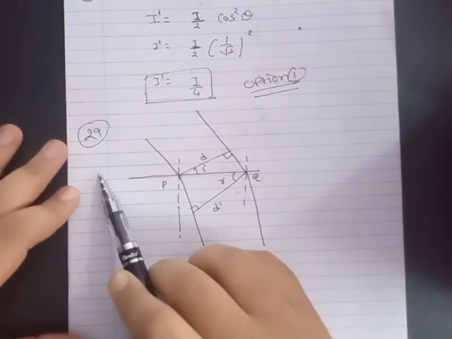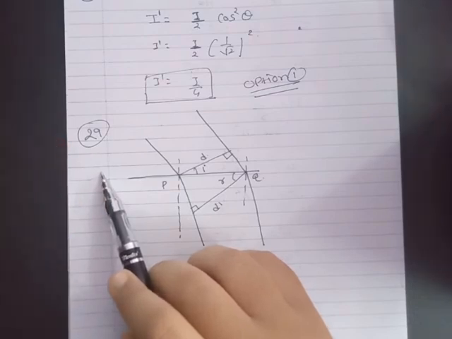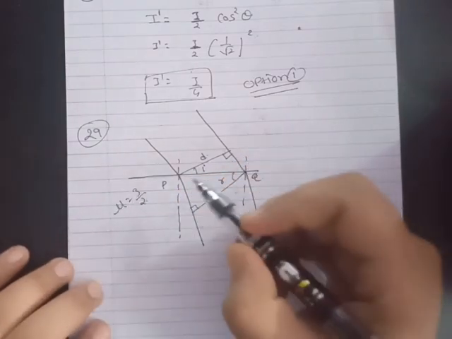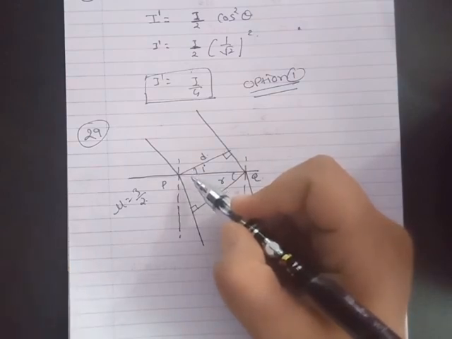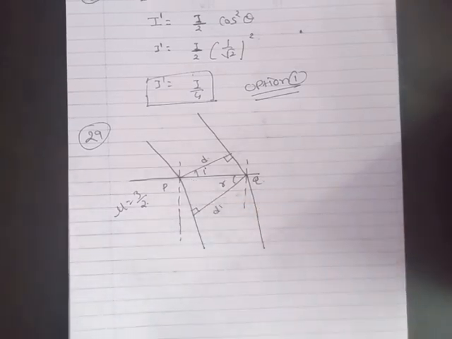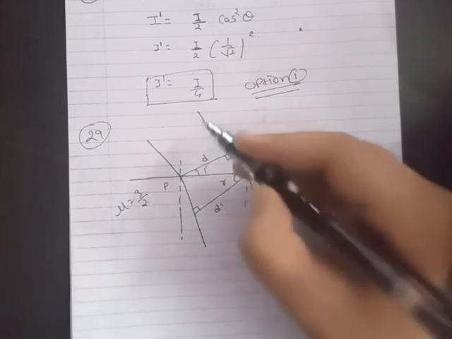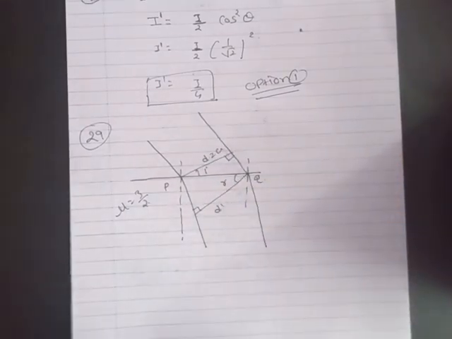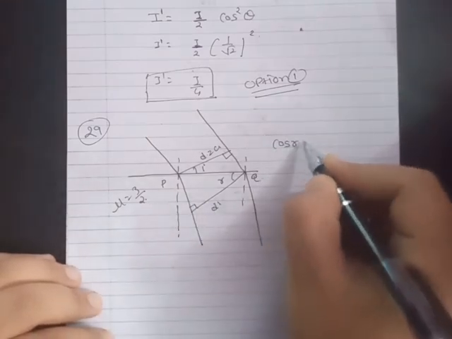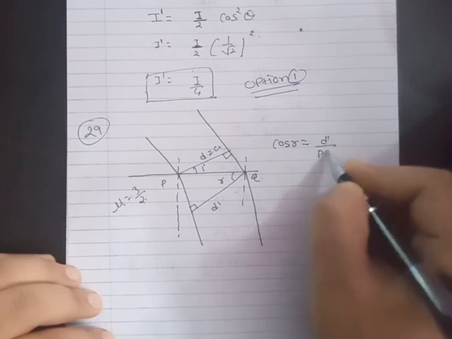In question number 29, a parallel beam of width A is incident on the surface of a glass slab having refractive index 3 by 2 at an angle I, and the angle of refraction is R. Now we want to compare the width of the refracted parallel beam with the incident width, given D is equal to A. Here from this geometry we can write cos R is equal to D dash upon PQ.